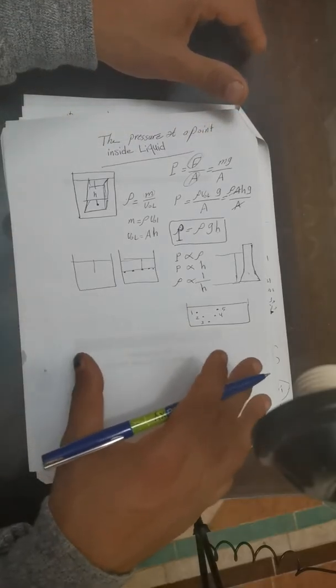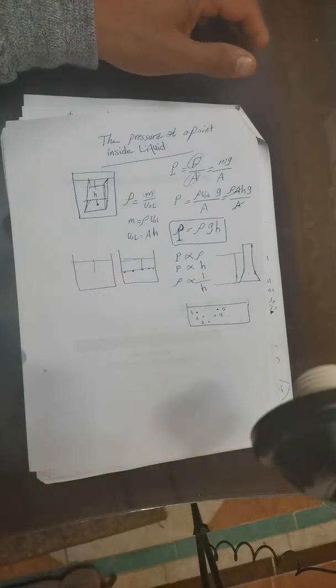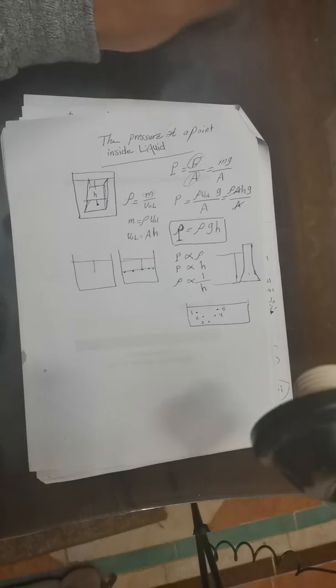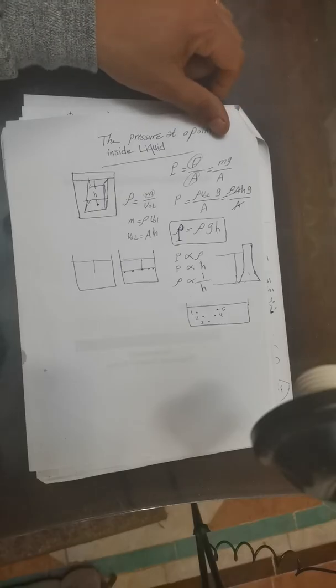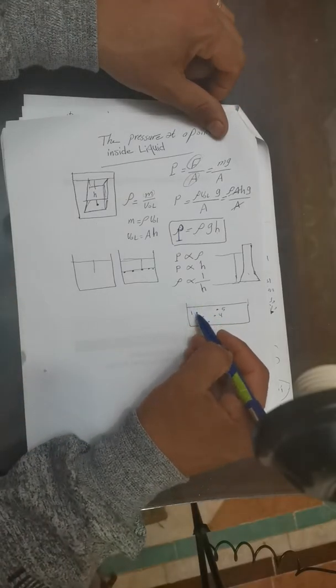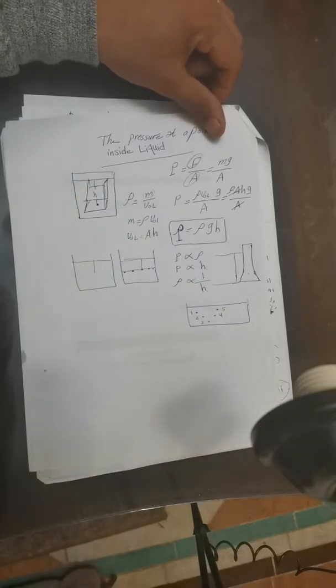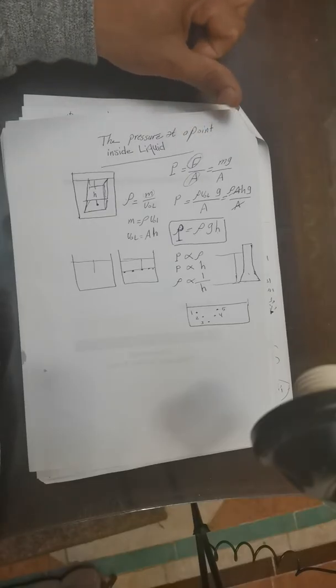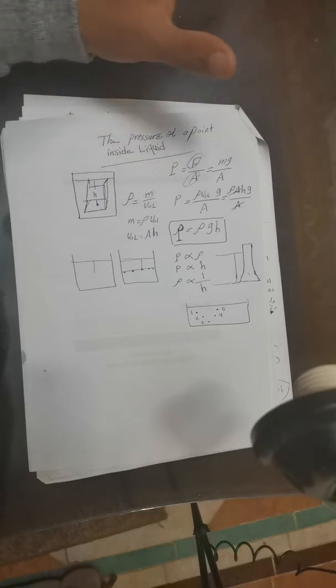Because this fluid is homogeneous, the density is constant at any point. So the density at 1, 2, 3, 4 or 5 is constant, and g is constant, where H is different from one point to another.